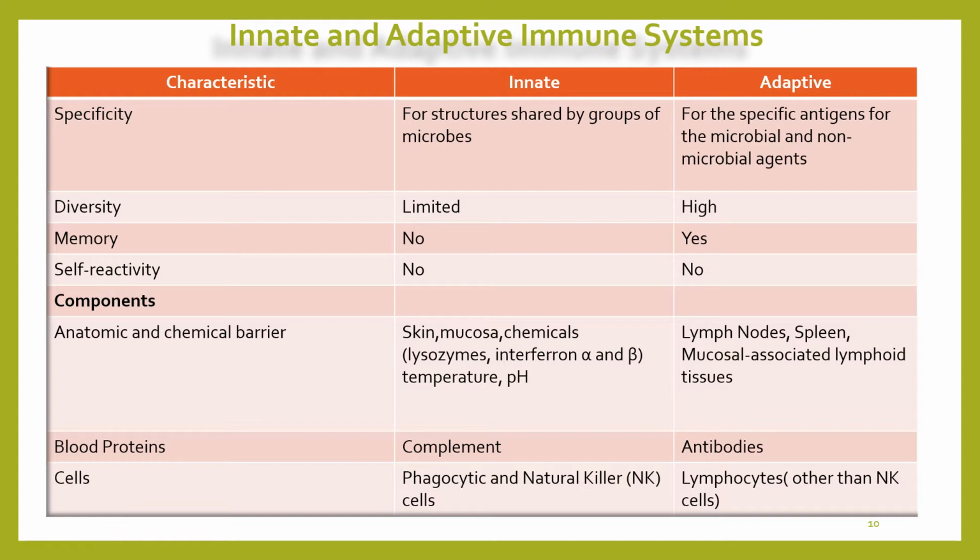While for your adaptive immune system, the anatomic barriers comprise the lymph nodes, the spleen, and the mucosa-associated lymphoid tissues. Those are the anatomic parts of your adaptive immune system. How about the blood proteins? The blood proteins are differentiated into innate and adaptive.